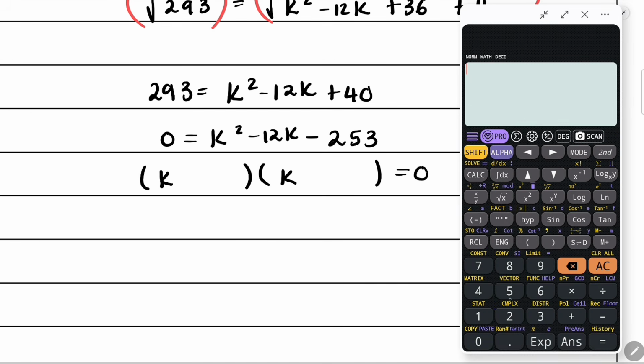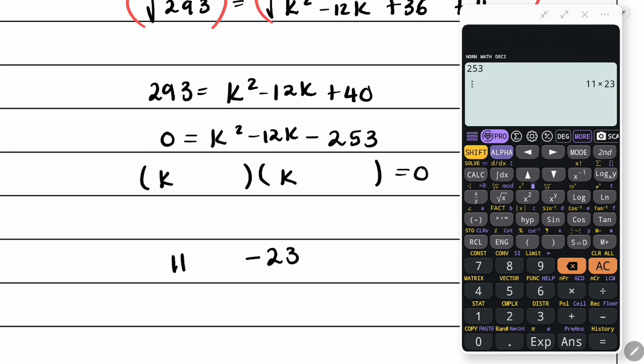It may not have a lot of factors. Here's how you can quickly do this. 253 is equal to, and when you press the equals button, press shift and fact so you can see its factors. And so you see that that's 11 and 23. So if it's 11 and 23, but they need to give you a negative 12 in the middle, the 23 should be negative so that we can achieve that.